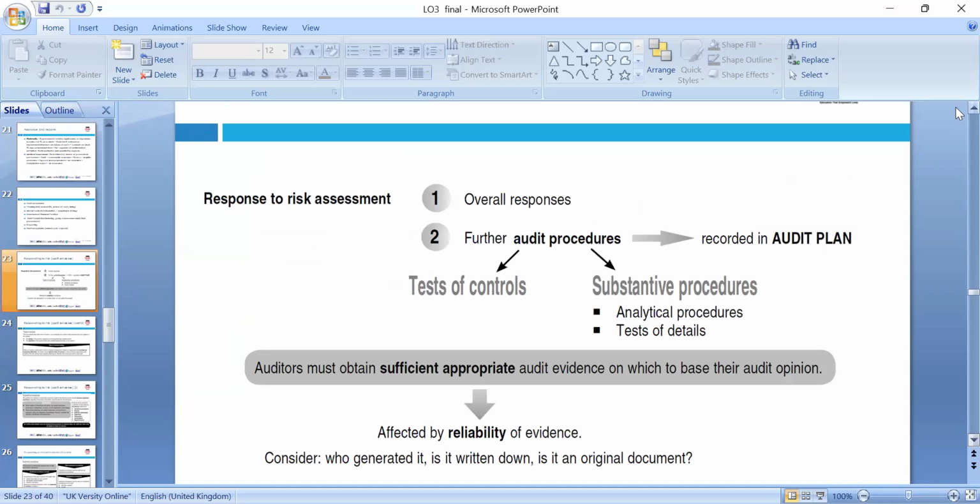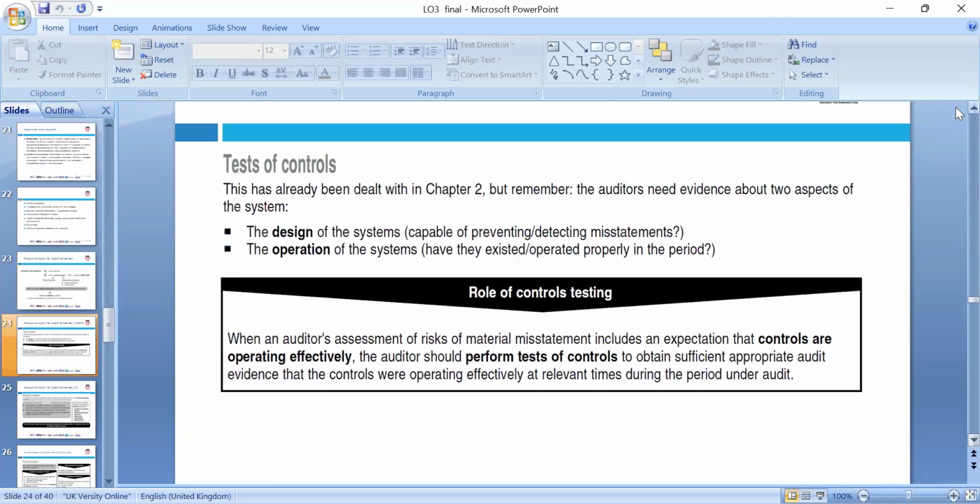So please be responsive to the risk; the risk can be of different types, audit risk, assurance risk. So please, test of control and substantive procedures in detail must obtain sufficient appropriate evidence, considering the effectiveness and reliability, and consider evidence generated by written and original documents. That's test of control.